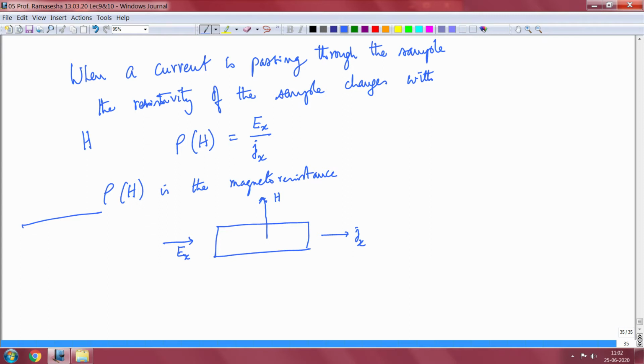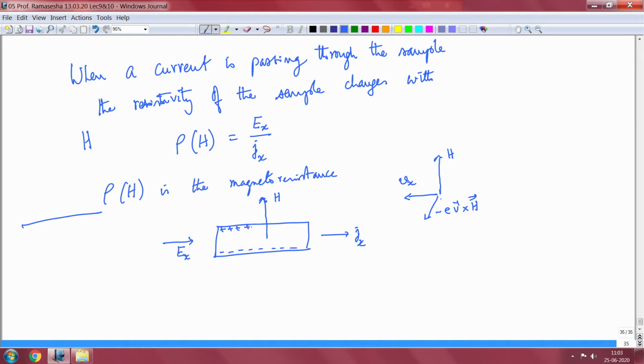Because of that, I have a force. When the current is flowing from left to right, the velocity of the electrons is in this direction, V of x, and when I apply a magnetic field in the z direction, which is H here, I will have a force in the perpendicular direction, which is minus e V cross H. What this implies is that the electrons will move to the bottom part, leaving the bottom edge in this diagram charged negatively.